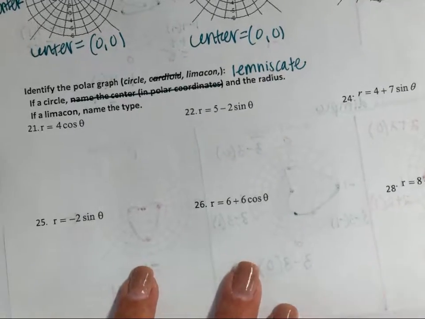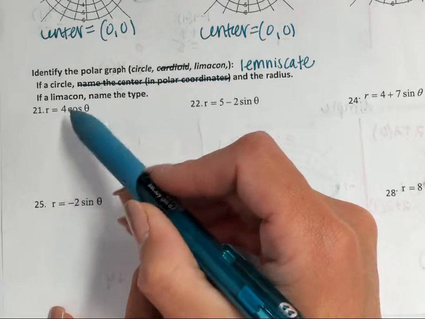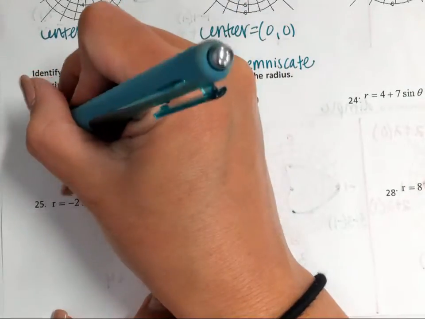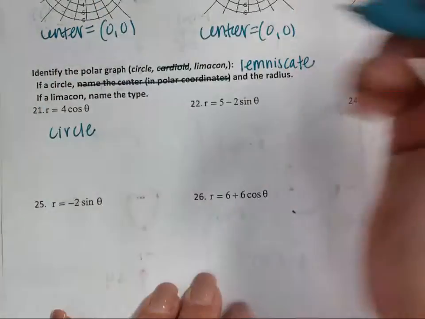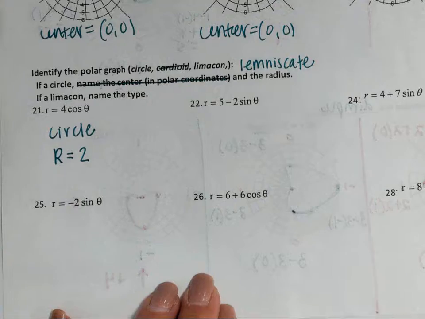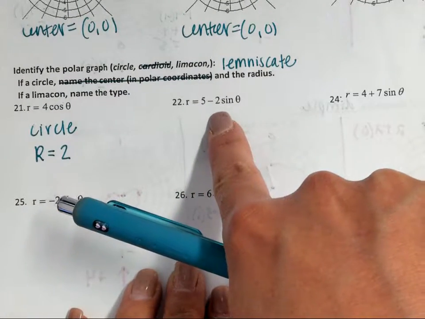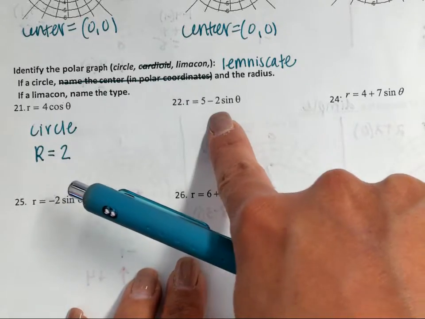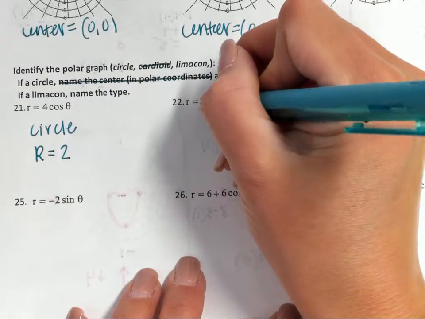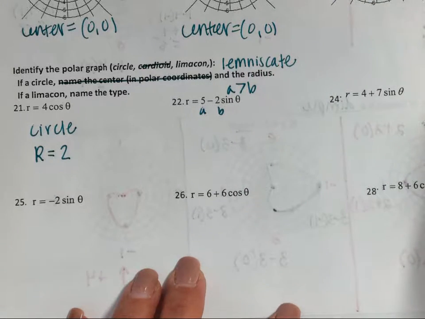Okay? So like for this first one, we know this is what type of polar graph? A circle, because nothing's being added or subtracted to it. It's a circle. The radius is what? 2, because you take the square root of 4. Very good. This next one, we know it's going to be what type? A lemnicon. This one is A, this one is B. So A is greater than B, so that means this is what type?